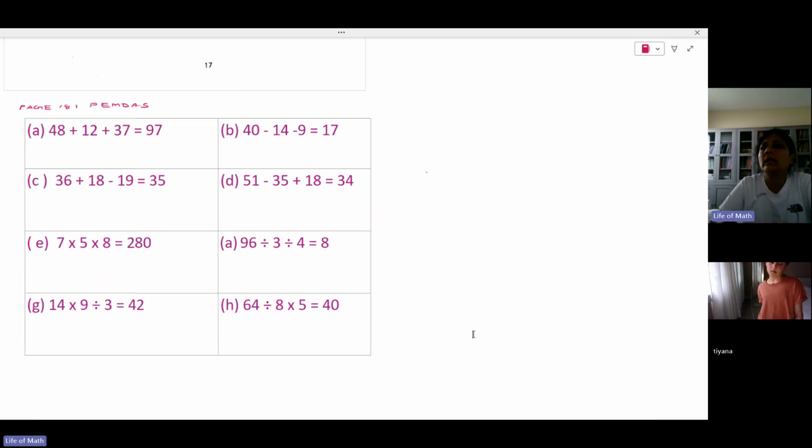So the division came first. 64 divided by 8 is first, and then you multiply by 5. Whereas in question number G, first you multiply. So in multiplication and division, whatever comes first, you have to do that, and then you do addition and subtraction, whatever comes.